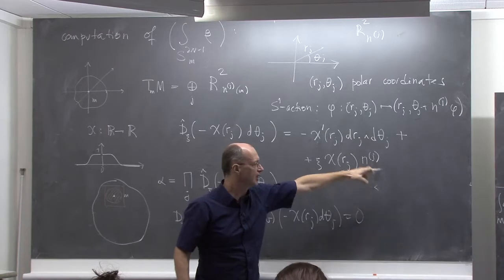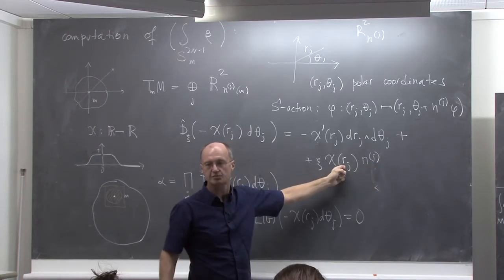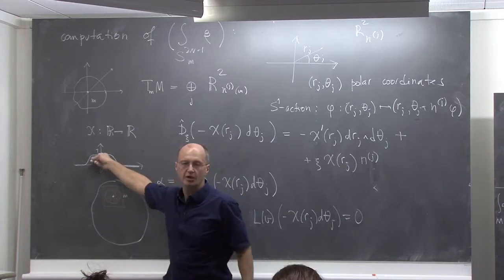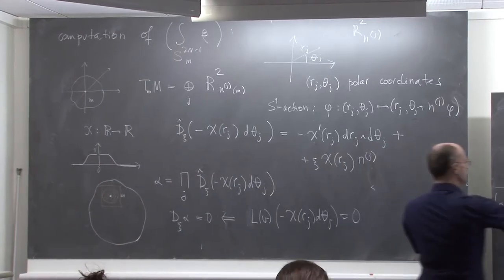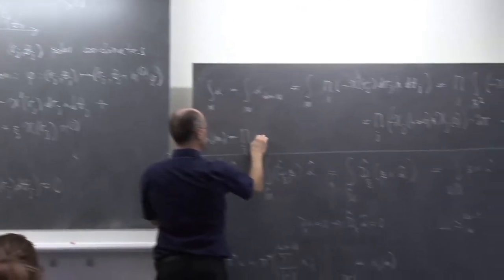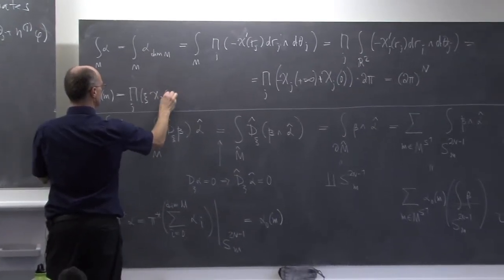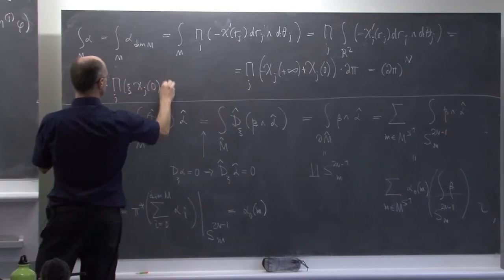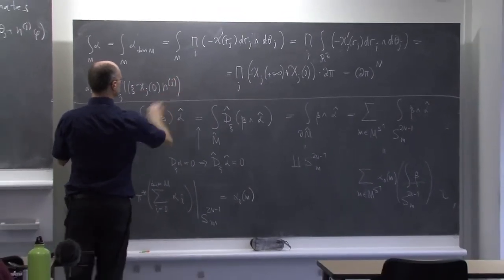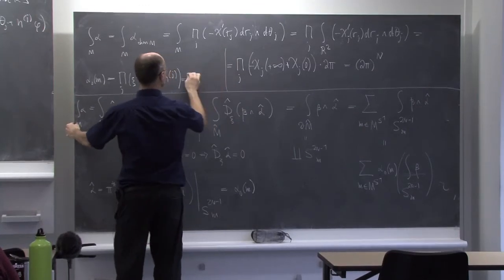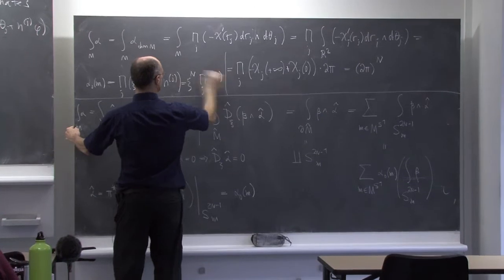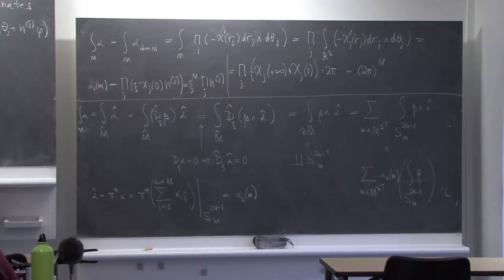And when we compute it at m, this means r_j is equal to 0, which means here we get 1. So this is the product over j of xi times N_j, and this is equal to xi to the power n, times the product over j of N_j.